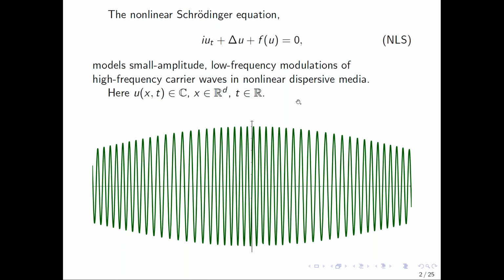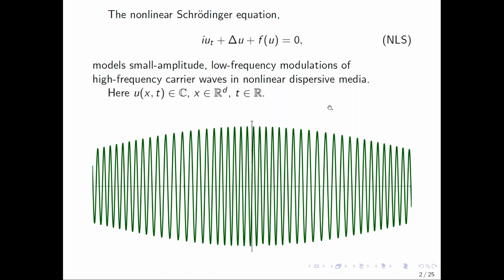There are also other equations closely related to the nonlinear Schrodinger equation which come up in many other applications. For example, if you were to add dissipation, you would get the Ginzburg-Landau equation, which comes up in the theory of phase transitions and superconductivity.